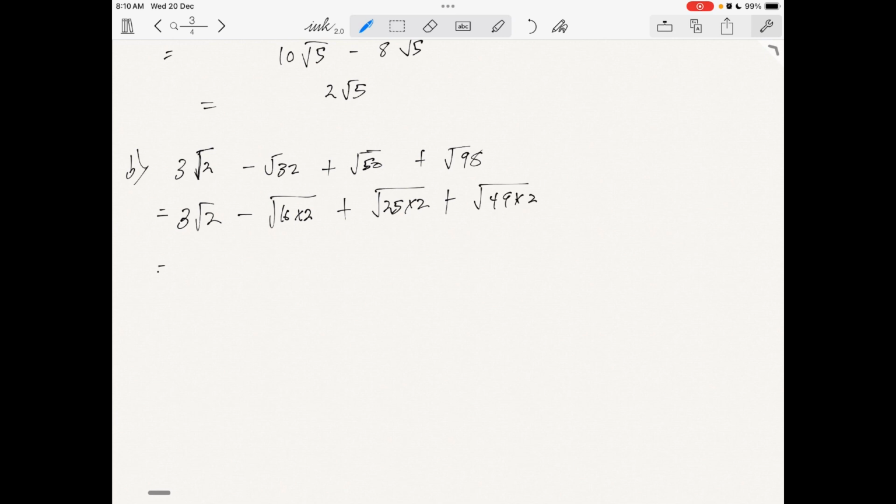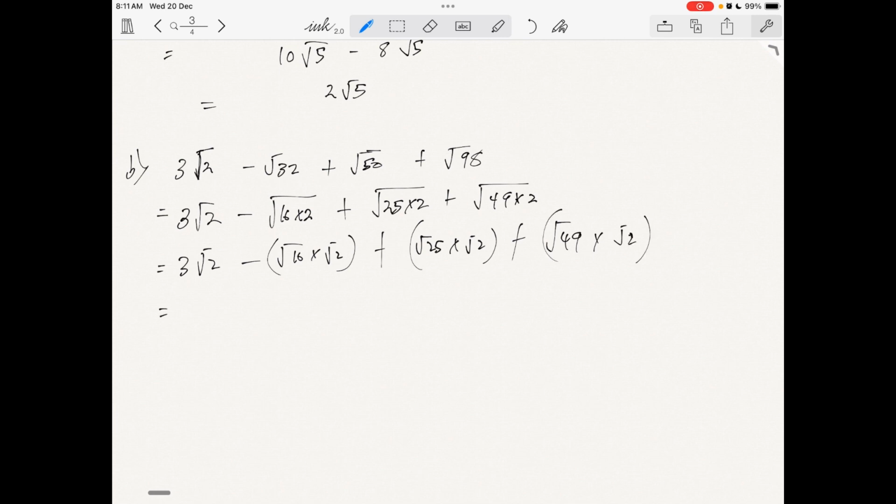So this will give us 3 root 2 minus root 16 multiplied by root 2 in brackets, plus root 25 multiplied by root 2, plus root 49 multiplied by root 2.